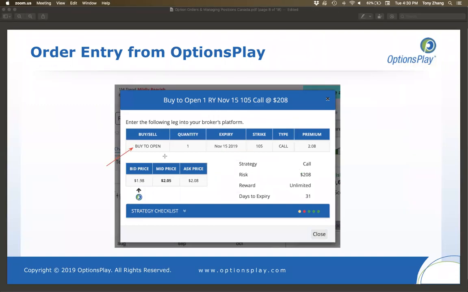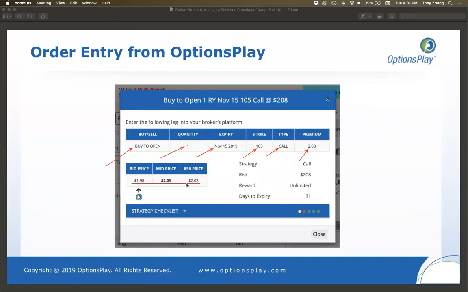So whether you need to buy to open, it'll also specify the quantity if you change it, the expiration date, the strike price, the call or put, and the current premium that it's trading at. Not only do we tell you what the current premium is, we also tell you what the bid-ask price of that option is so that you can get a sense for where you want to place your orders.